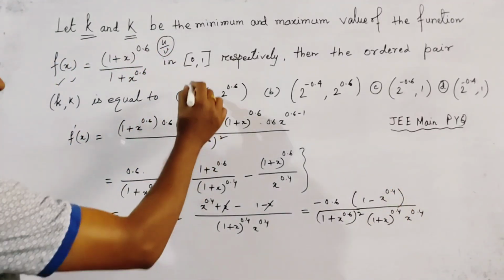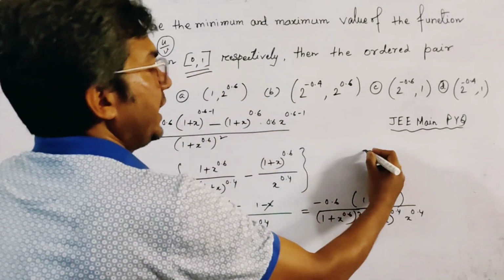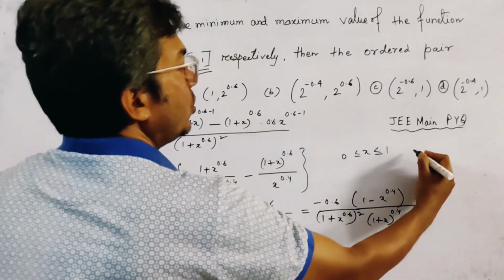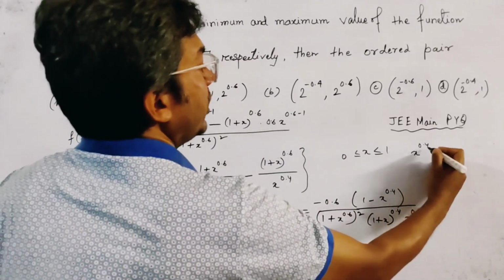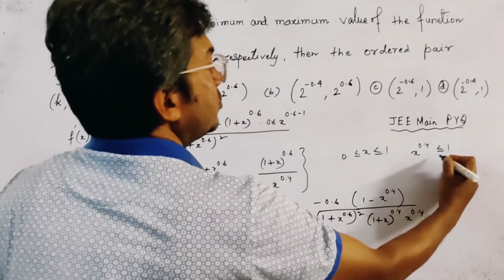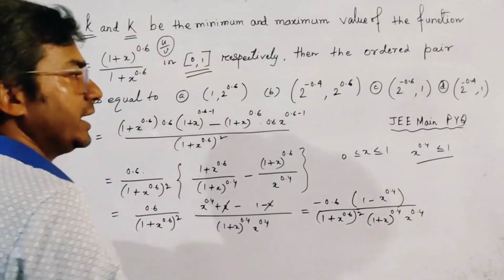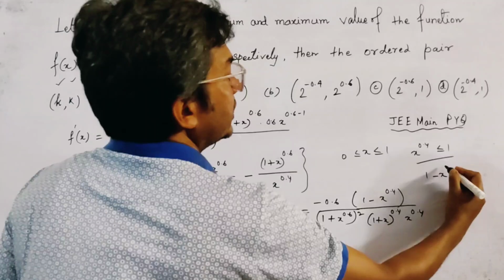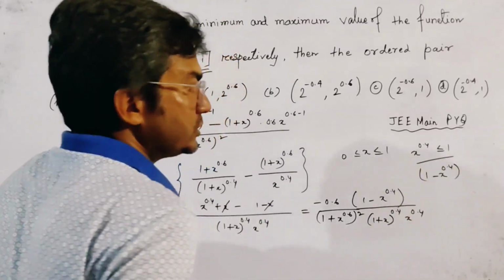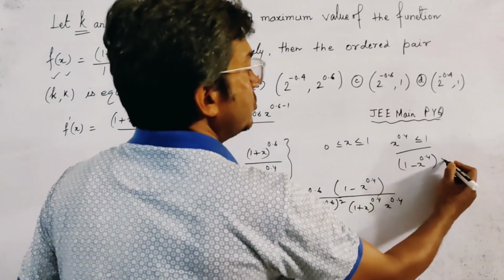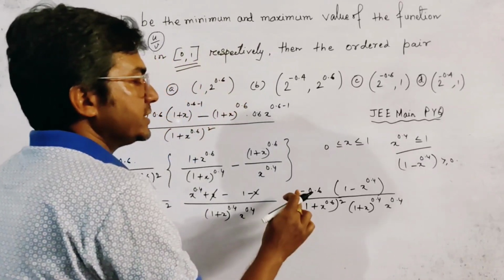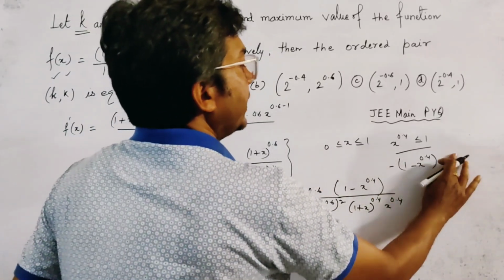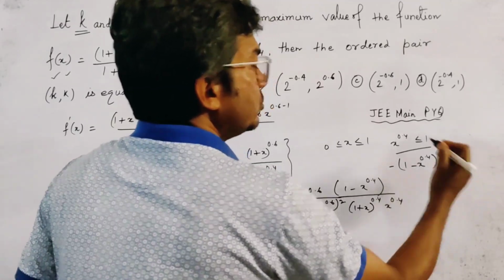Now it is given that x is less than or equal to 1 and greater than or equal to 0, so obviously x raised to 0.4 is less than or equal to 1, clear, and since this is less than or equal to 1, 1 minus x raised to 0.4 is obviously greater than or equal to 0. And since there is a negative sign present, this is negative, which is given by less than or equal to 0.